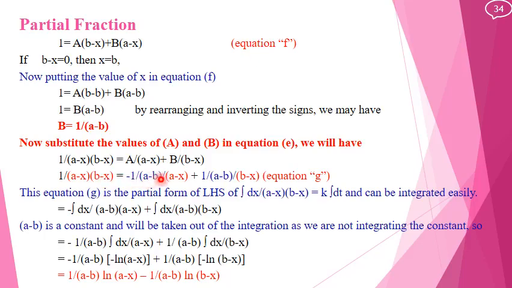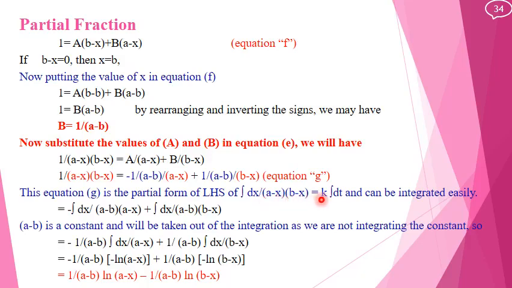Now finally we will have 1 over (a minus x) into (b minus x) is equal to minus 1 over (a minus b), the value of A, divided by (a minus x), plus 1 over (a minus b), the derived value of B, divided by (b minus x). This is equation G.